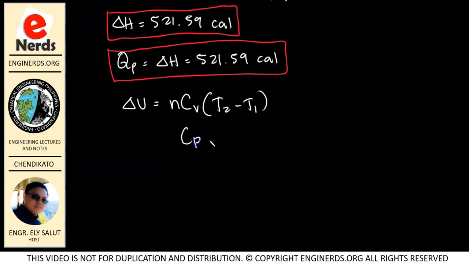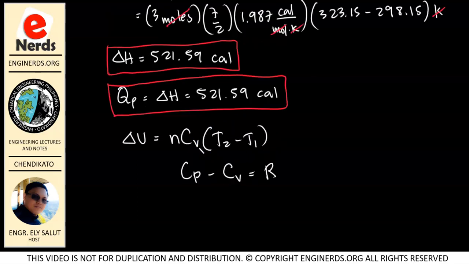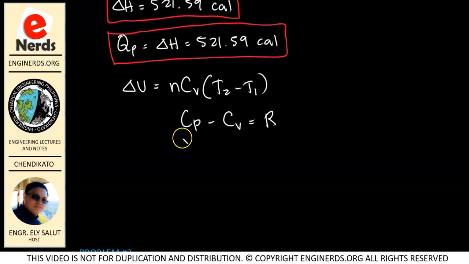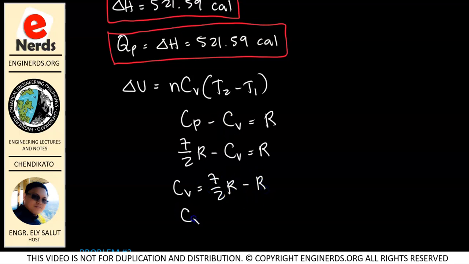We know that Cp minus Cv is equal to R. We know our Cp is equal to 7/2 R, so we could substitute that here: 7/2 R minus Cv is equal to R. Therefore, our Cv is equal to 7/2 R minus R. So our Cv is actually equal to 5/2 R.